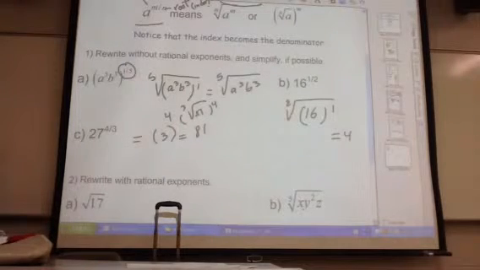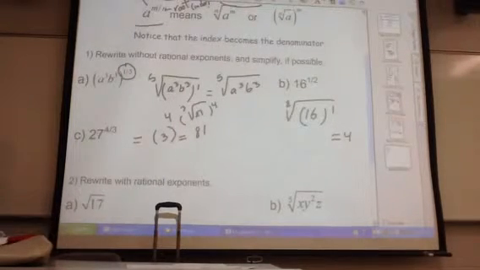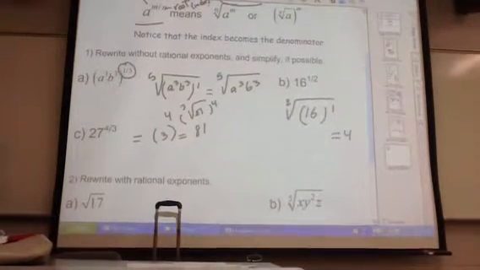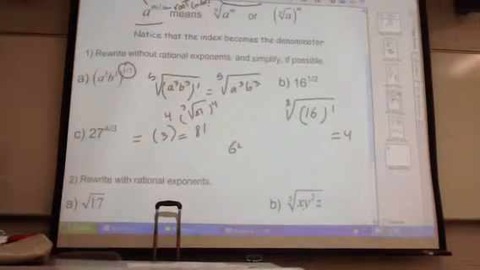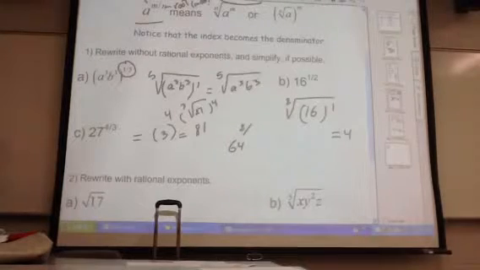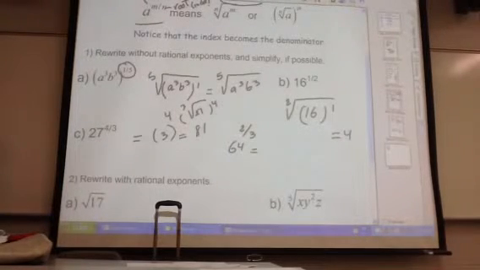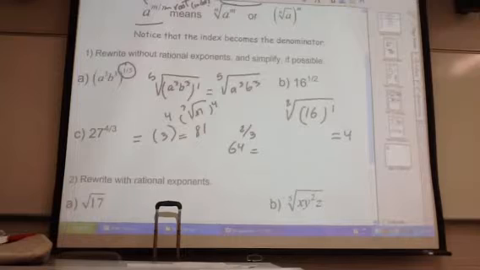All right. If I give you this, can you do this for me? Look, 64 to the power of 2/3. What is the answer? What are you going to say? What is the cube root of 64? 4.